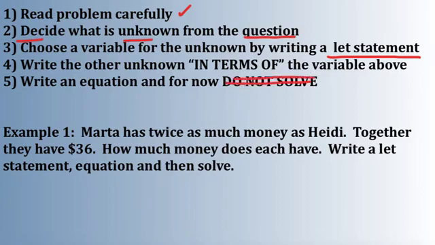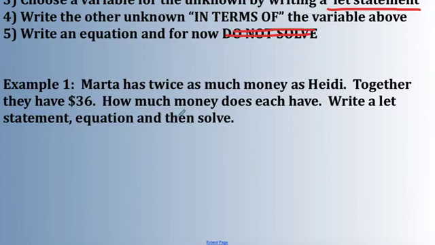All right. So Marta has twice as much money as Heidi. I like to identify who has more right off the bat, and so Marta has more. Together, they have $36. How much money does each have? So there's the question. When I write my let statement, I pick my variable. You don't have to do it like this, but this is the way I do it: I pick the one that has less.